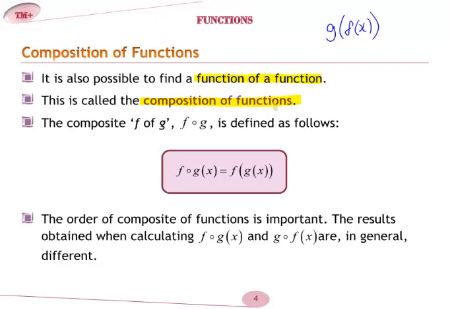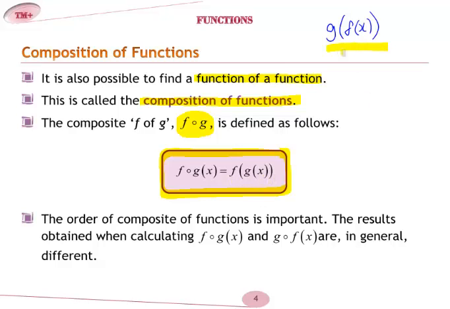There's an easy notation for it. The composite f of g is written like that, f little circle g. It is defined here: f of g of x is simply f of, put in brackets, g of x.